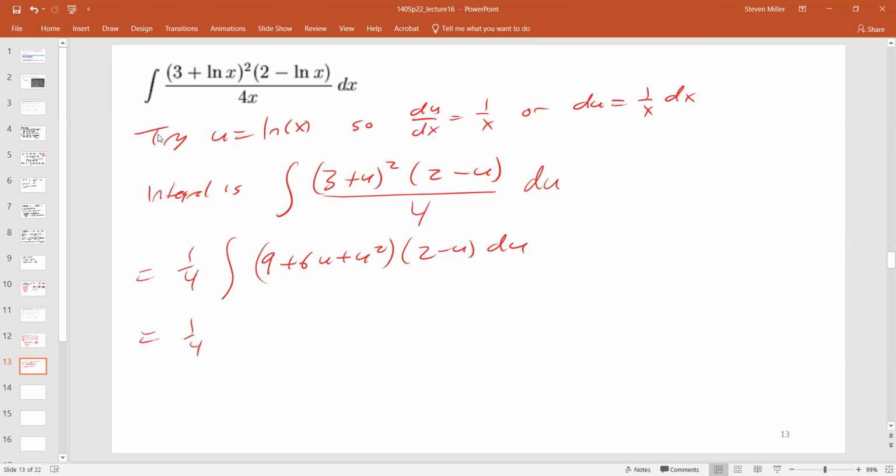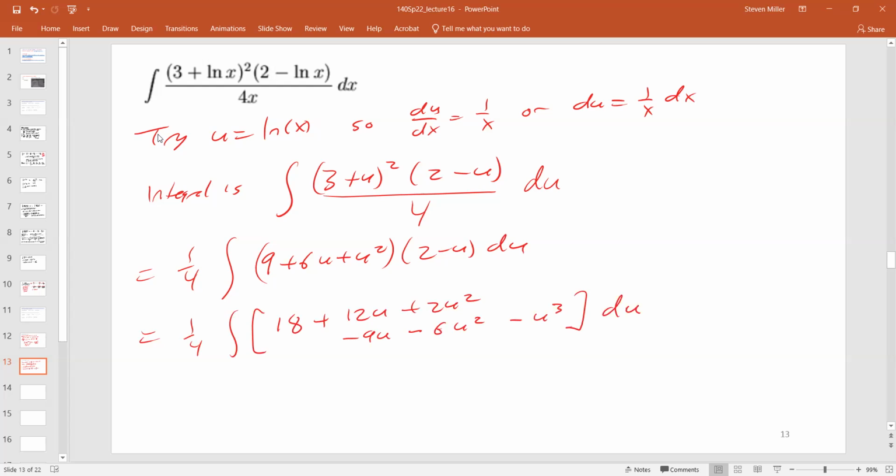So it would be 1/4 integral. And then if we keep expanding, we would get 18 plus 12u plus 2u squared minus 9u minus 6u squared minus u cubed du.